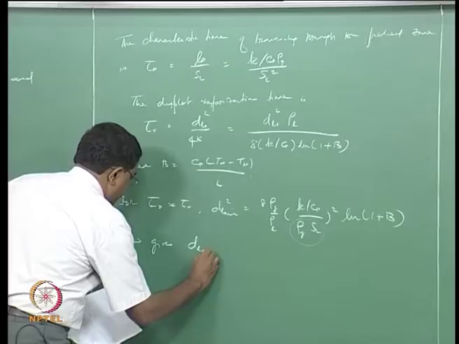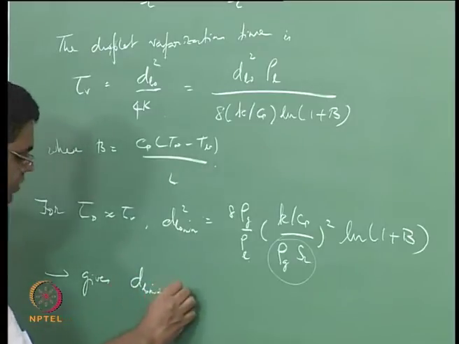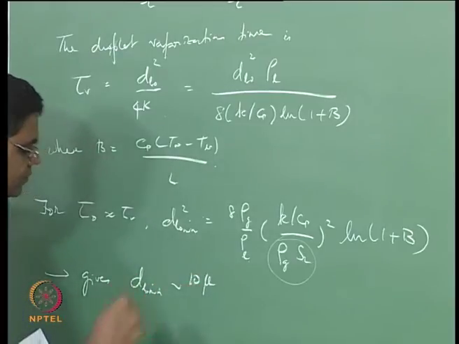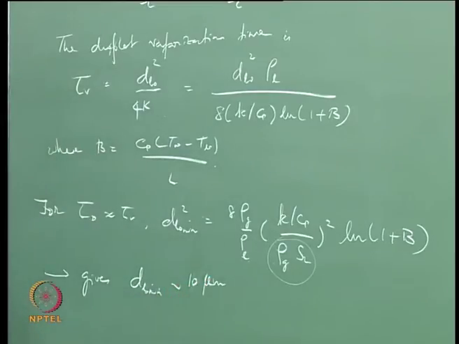So dl minimum, dl naught, that is the original droplet size, the minimum original droplet size is of the order of 10 micrometers for typical values.